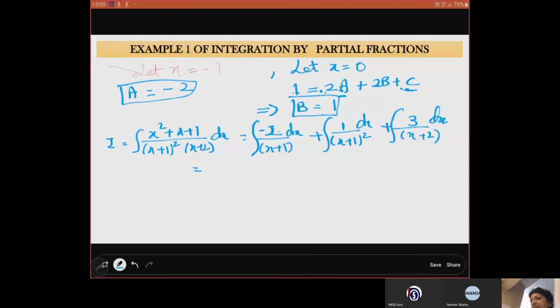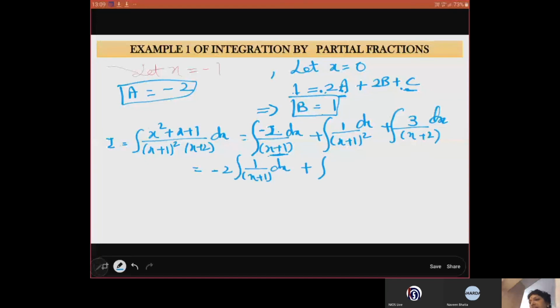As I said, whenever you have a quotient, find the derivative of the denominator. The derivative of x plus 1 is 1. So I can write this as minus 2 into the integral of 1 upon x plus 1 dx, plus. Now here I have x plus 1 whole square.